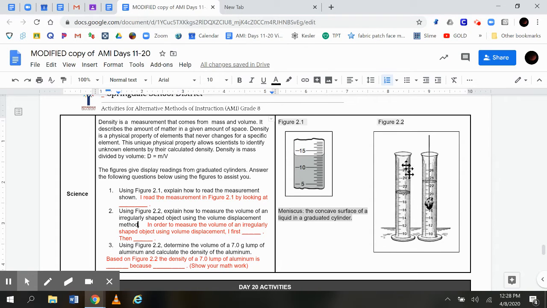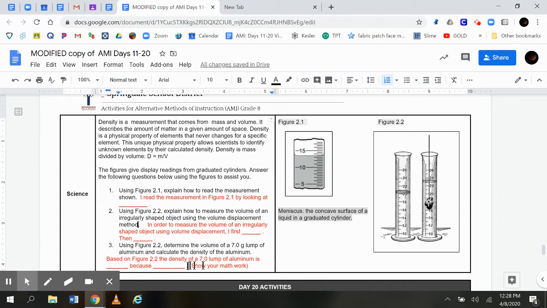You've got a graduated cylinder filled with water to 20 milliliters. And then look what they've done here and what happened to the water. You need to do the math to decide what the volume of this rock is. And that's basically the water displacement method here.